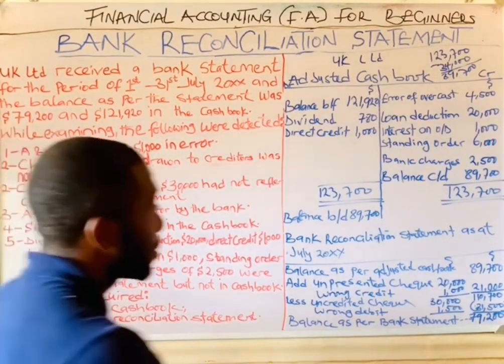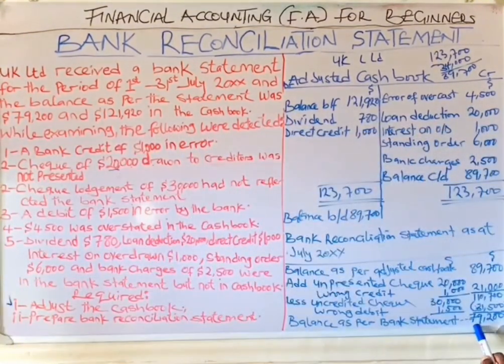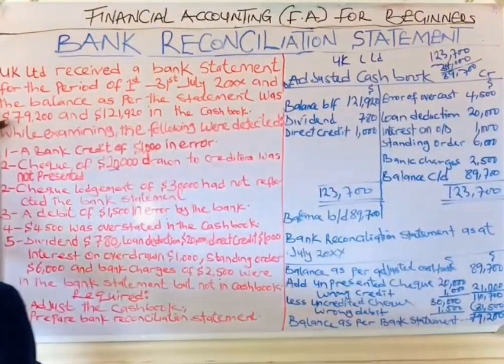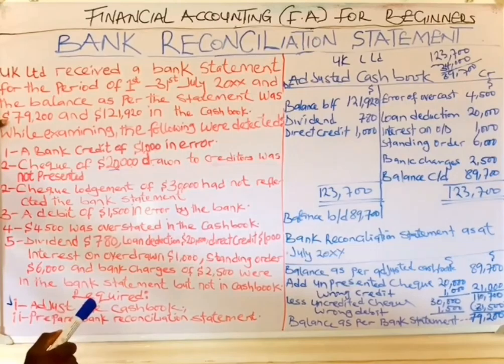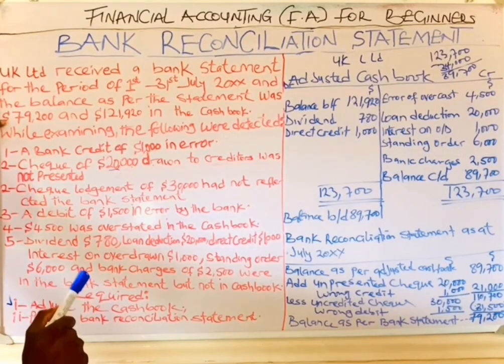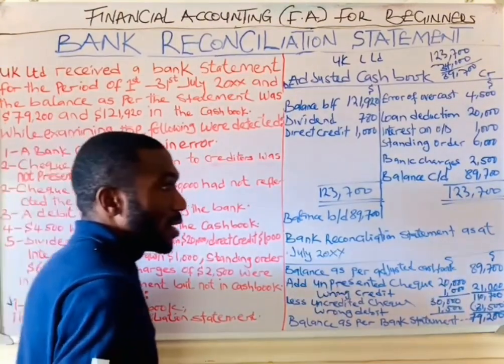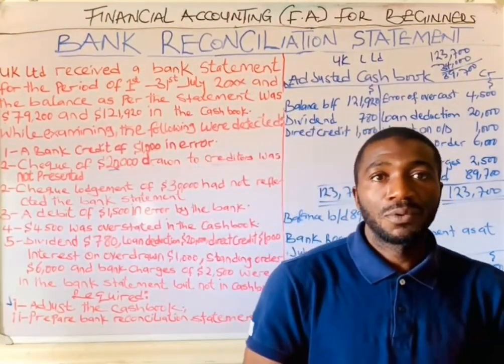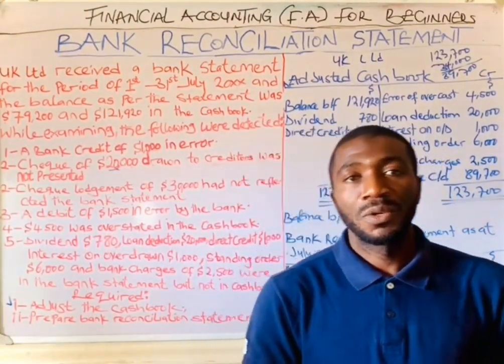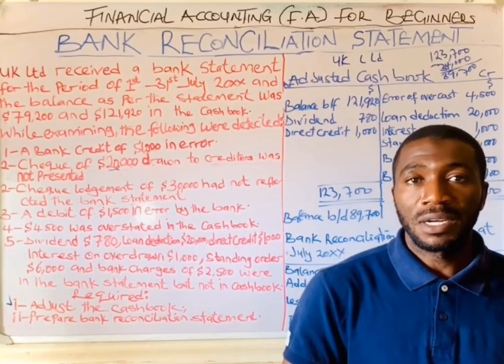If you look at our balance here as per bank statement, it must agree with the balance in the equation. If it does not, there is something wrong somewhere. So this is a practical example on solving issues that have to do with bank reconciliation.